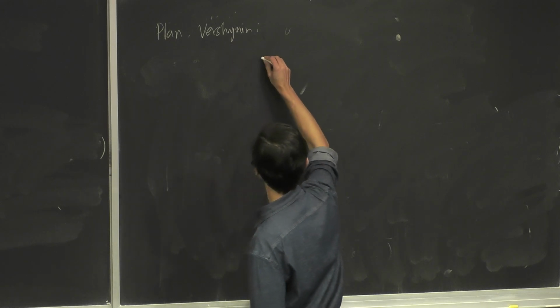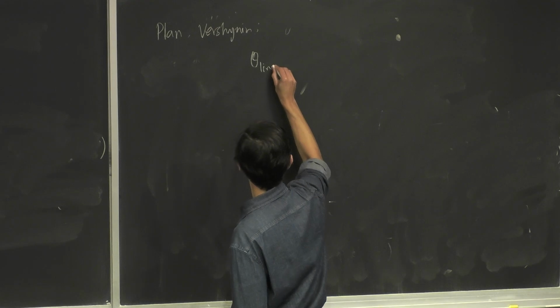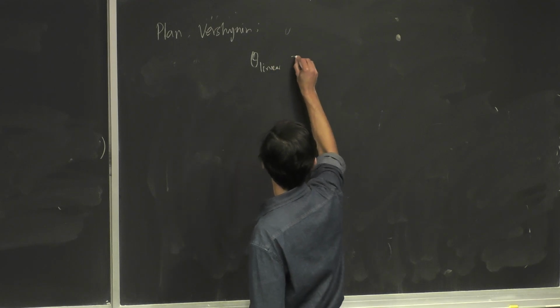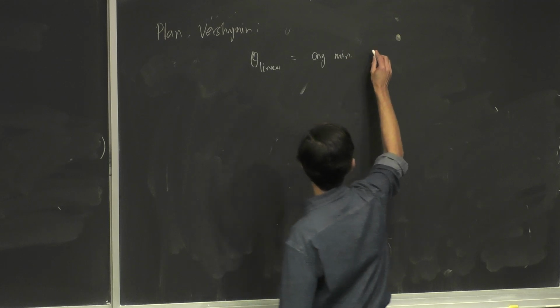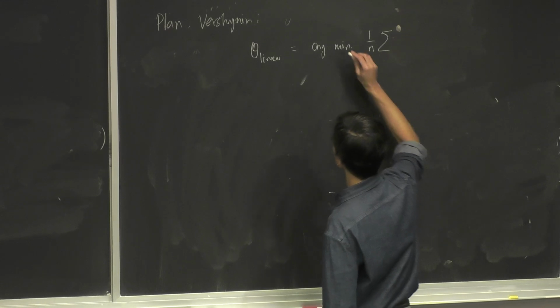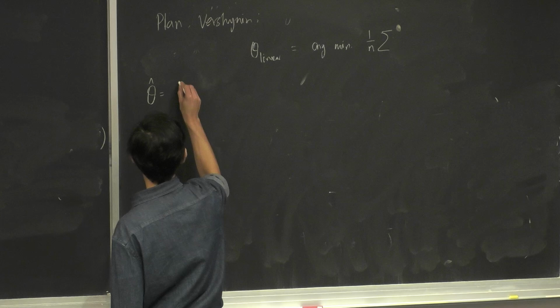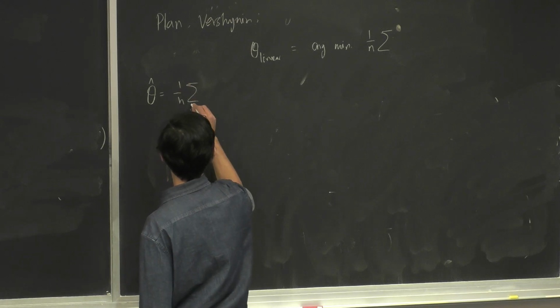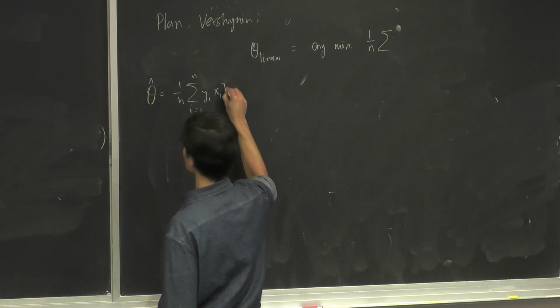So what happens is, you can take a theta, make a theta linear. So the linear estimator or the average estimator is just theta hat equals 1 over n sum over i going from 1 to n of y_i x_i transpose.